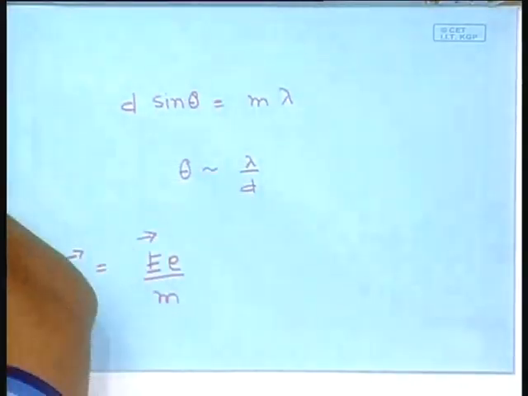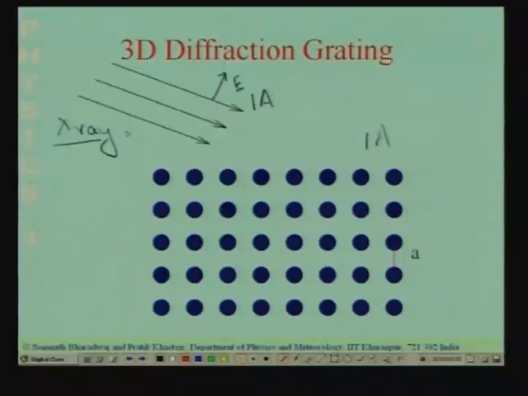When X-ray of some frequency is incident on the atom, it sets the electrons into oscillation with the same frequency, and the electrons emit radiation at the same frequency. So, if I have electromagnetic radiation of frequency nu incident on this crystal, the electrons inside are going to radiate at the frequency nu.